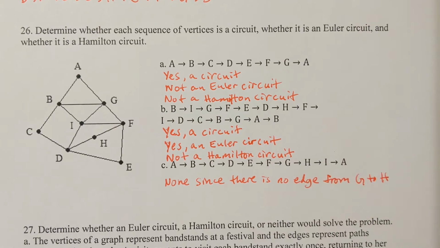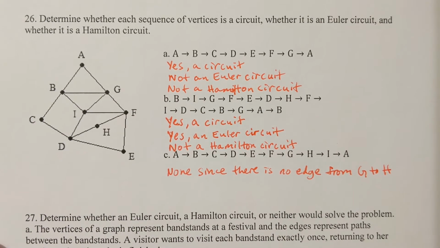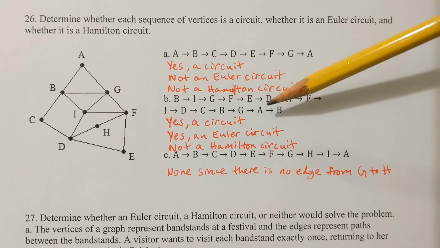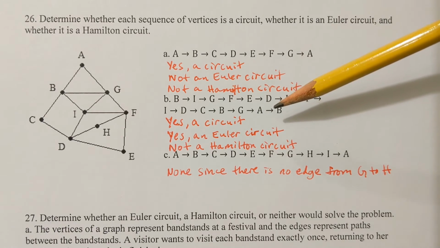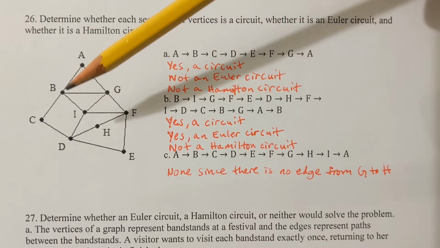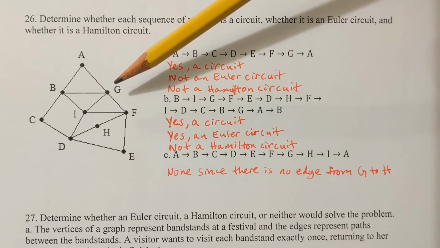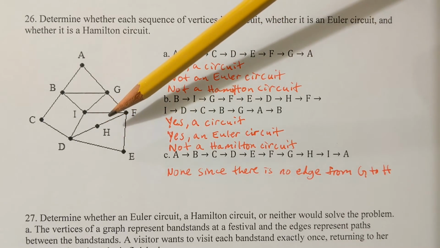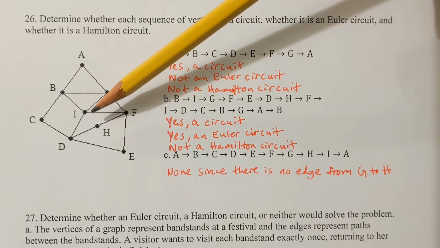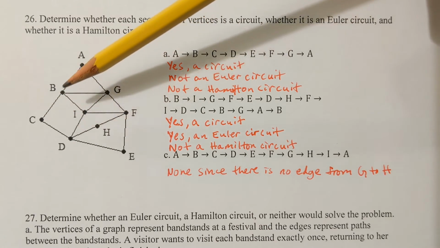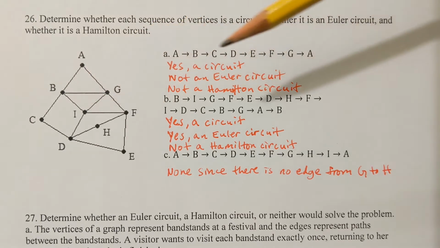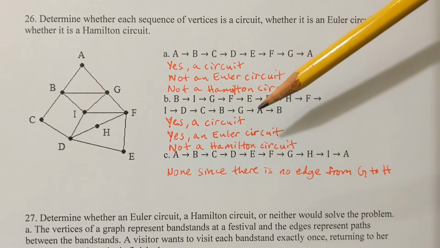Part B. Is this a circuit? Well, the first and last vertices are the same. B to I to G to F to E to D to H to F to I to D to C to B to G to A to B. So yeah, that would be a circuit.